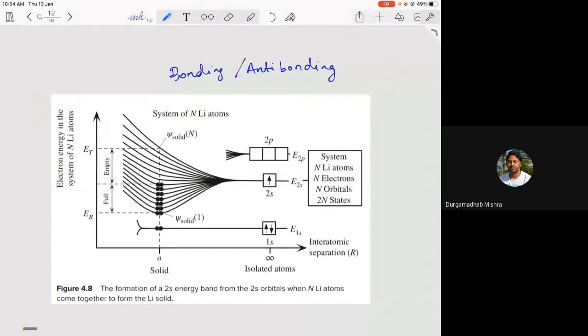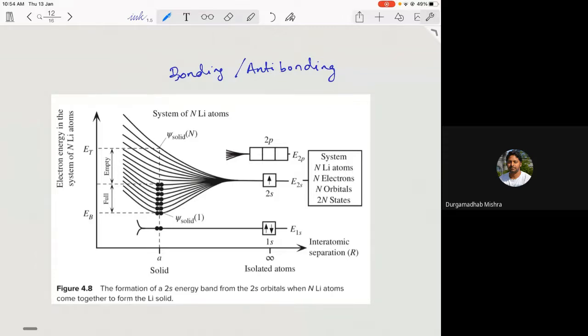But we don't say here, in case of the solid, we don't say it is a bonding or anti-bonding orbital, because we have n energy states, and each state will be associated with some wave function.